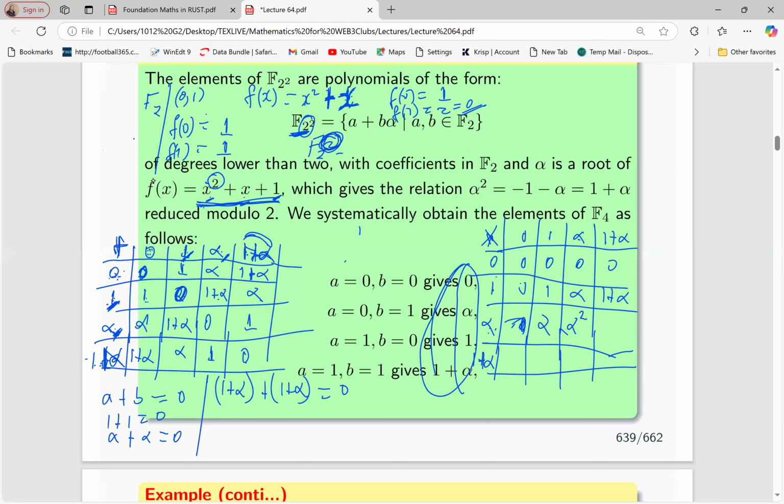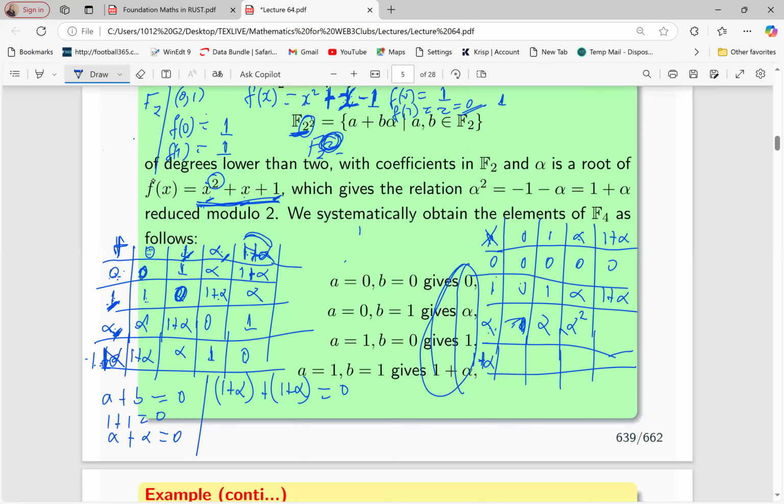So then I said, what about if I subtract 1? You can even subtract 1 from it. When x is 0, this will be 0, minus 1, which is just 1. Of course, this is just the same as this. I just converted this one mod 2 to be positive 1.